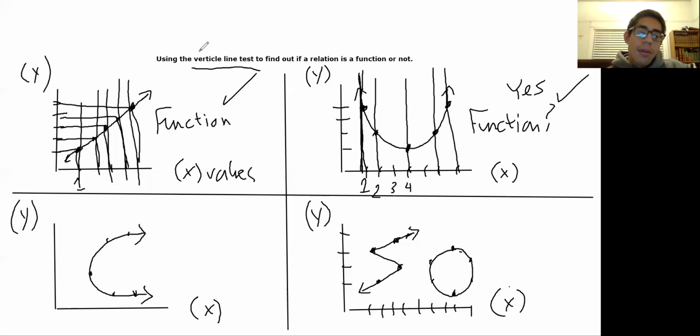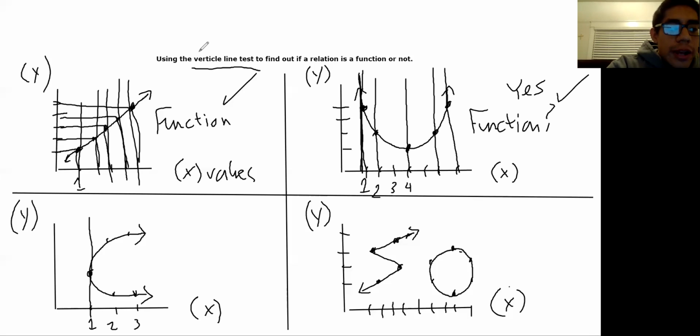But now we're going to go down here to the bottom ones. Let's do this 1, 2, and 3. Well, the first dot, right here, if we draw a line straight up, there's only one x for that one y. Remember, there's only one x for that. So that one single dot is okay.